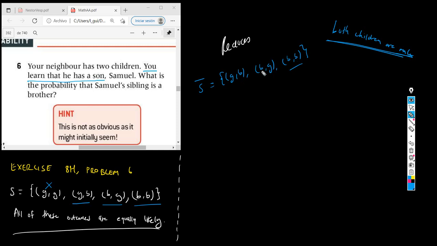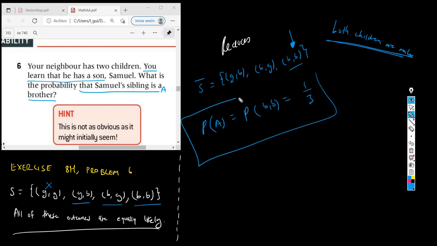And since this and this and this are equally likely, and we have only one favorable outcome for this event, that both children are male, then quite clearly, the probability of this event, which I may call event A, the probability that Samuel's sibling is a brother, is the same as the probability of having this, which is 1 out of 3. And that's it, guys. Not really complicated. Okay? 1/3.